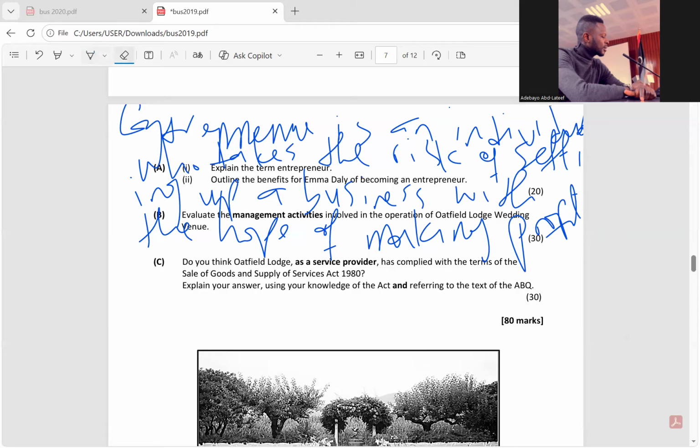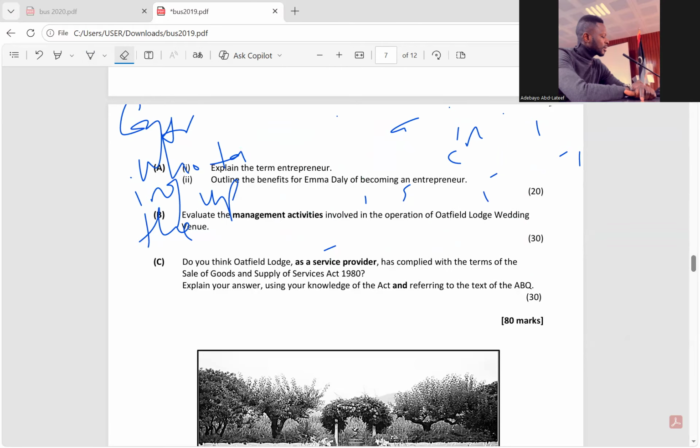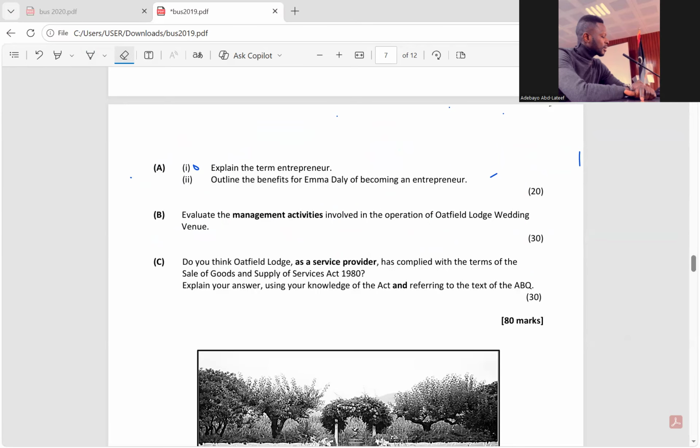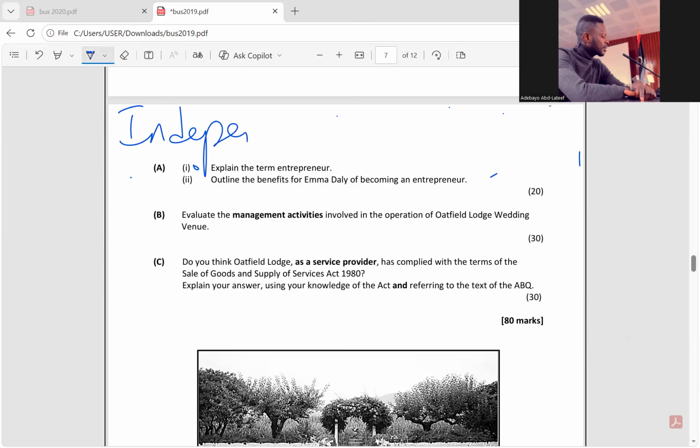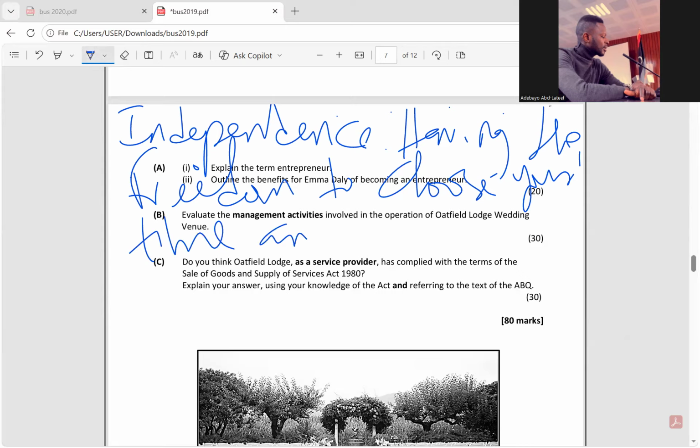The first one is independence. I'm going to rub this off so I can write it here. So the first benefit is independence: having the freedom to choose your time and money.